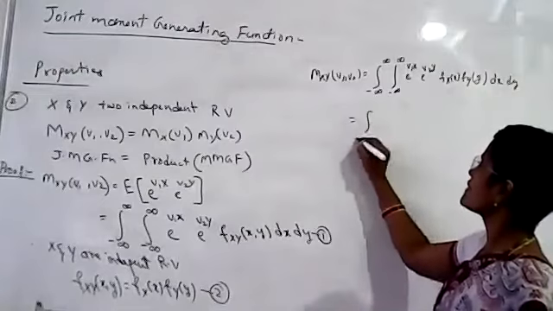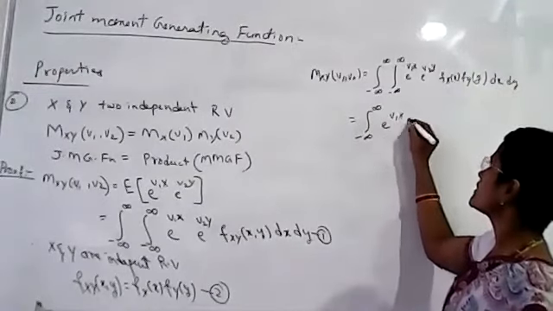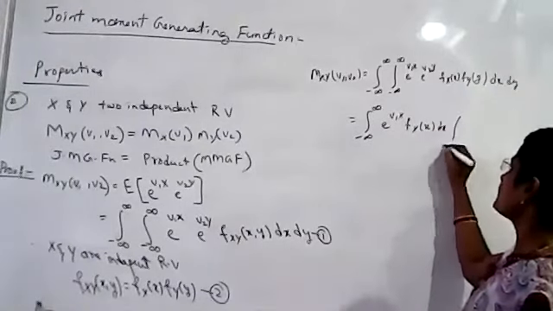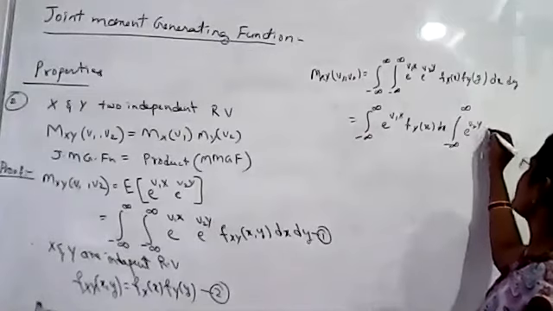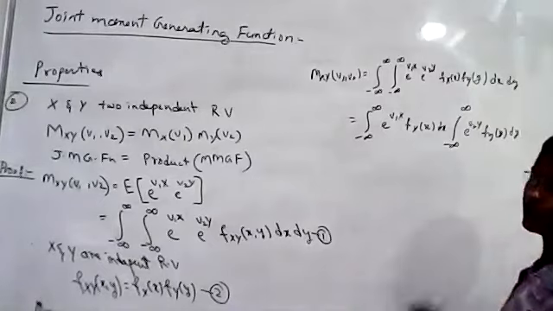Now we separate x variables and y variables and do this integration separately. First we do the integral for x variables, then the second integral for y variables. So we get like this.